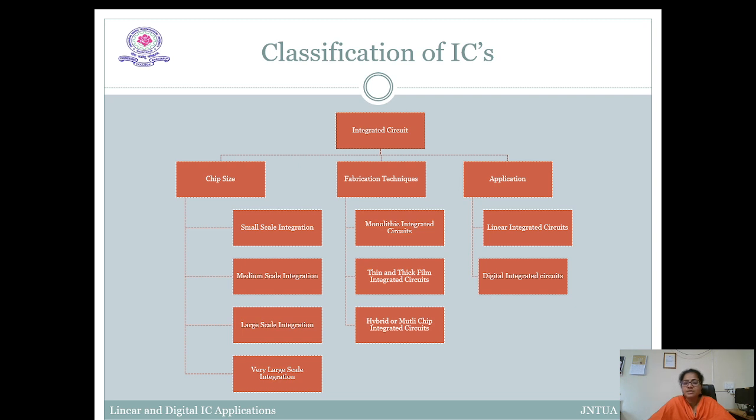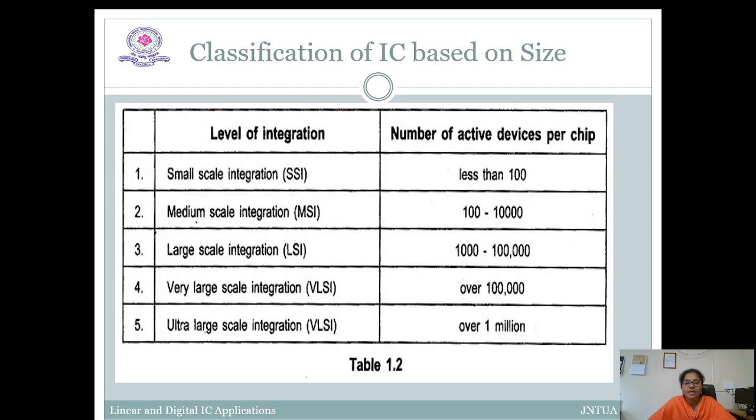Linear integrated circuits deal with voltages and currents which are continuous with time, whereas digital integrated circuits deal with digital inputs like ones and zeros. And then how many devices will be placed in the classification of ICs based on the chip size.